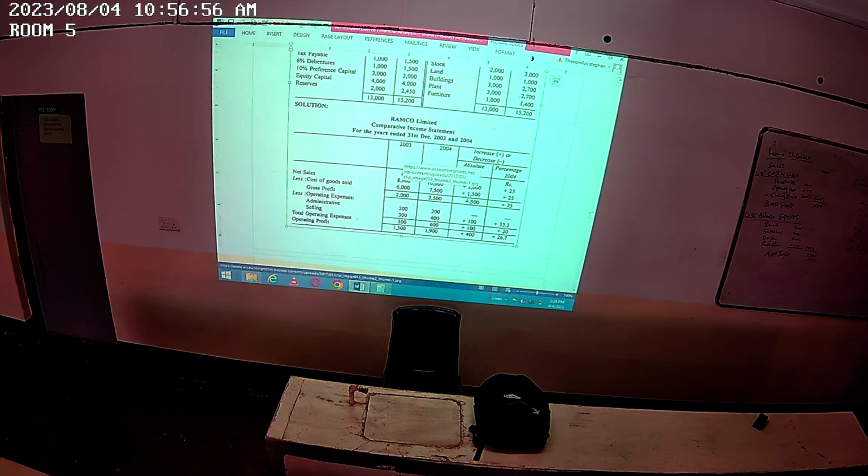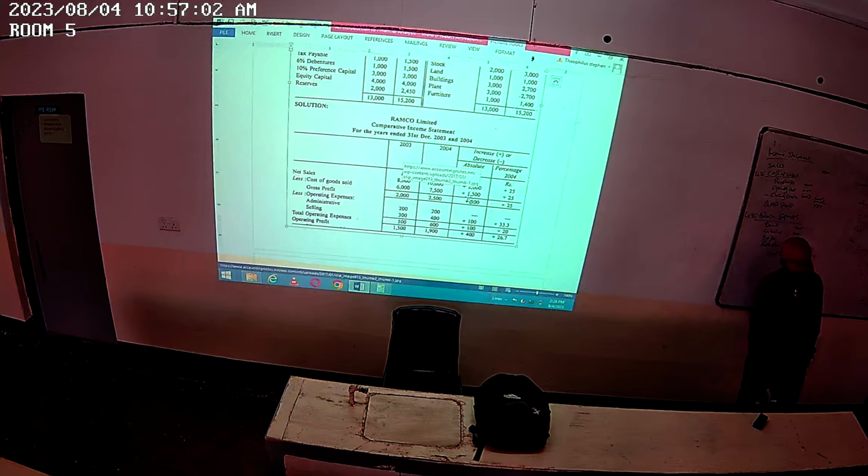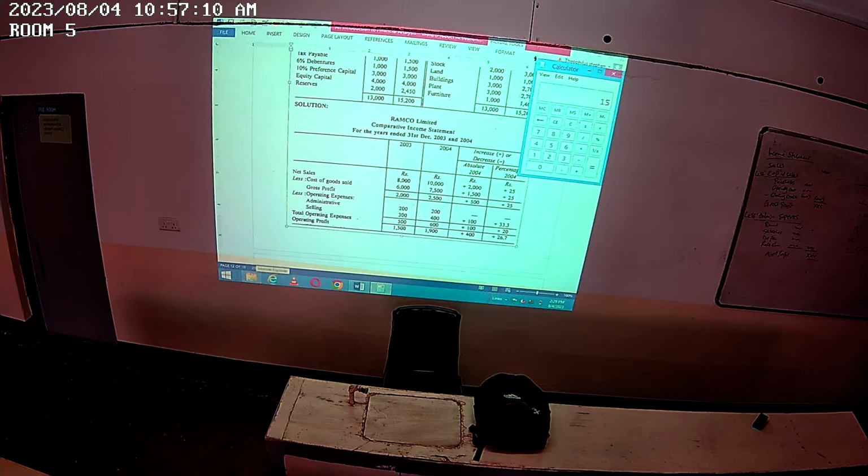Then 1.5 should be expressed in terms of the original cost of sales, which is for 2003. So 1.5 divided by 6,000, right? You get this, and you have those kinds of things.